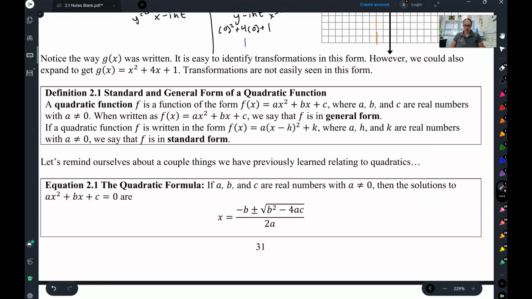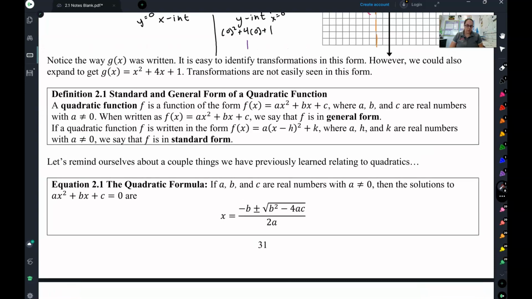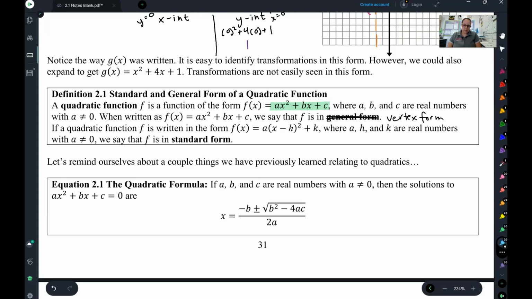So right here, this summarizes everything we just talked about. We have our two forms. That one, this is not general form, is vertex form. And this one, which is, oh, I got those totally mixed up. This is my standard form.